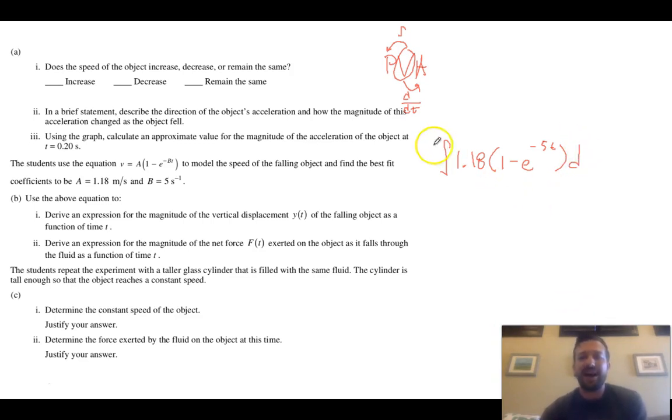Okay, so I need to do an integral with my limits here, and remember it started at 0 because it starts at rest at time 0, and we're going to go to some time t because we want a function that is made up of the variable t.